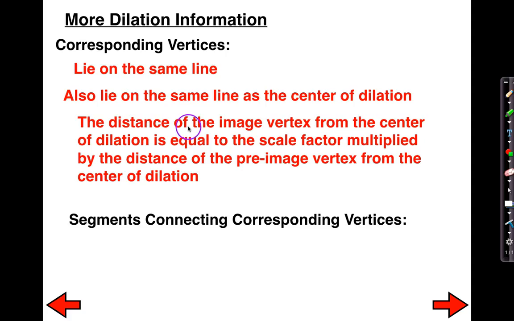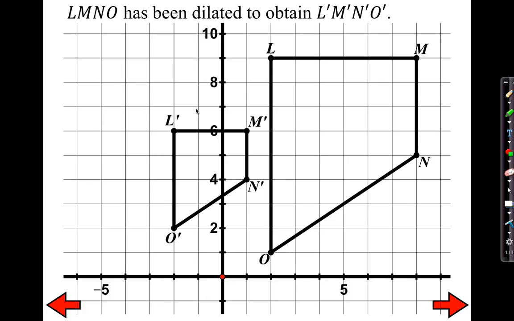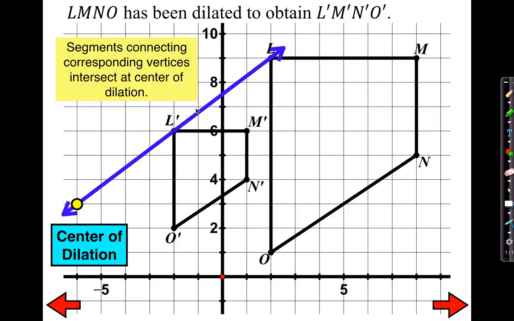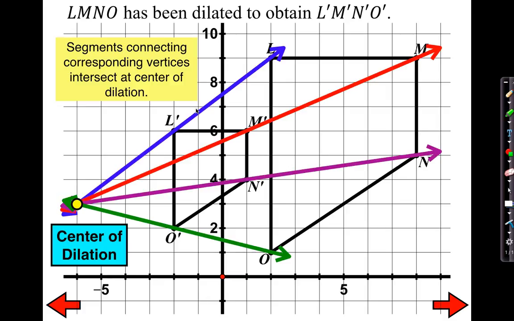So segments connecting corresponding vertices intersect at the center of dilation. So again, if you were to extend the lines from L to L prime, M to M prime, N to N prime, and O to O prime, they will all meet at one point, and that's called the center of dilation.